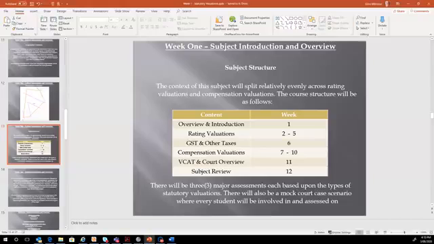Week 6 we will look at GST and other taxes, including land tax in particular. That's quite a complex tax system. We'll be looking at that. Weeks 7 to 10 we'll be looking at compensation valuations, and week 11 VCAT and court overview, with a subject review in week 12.